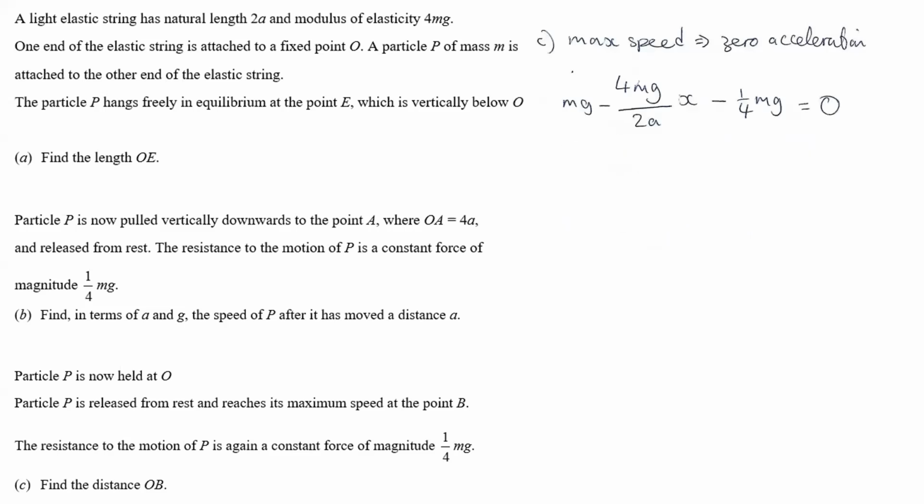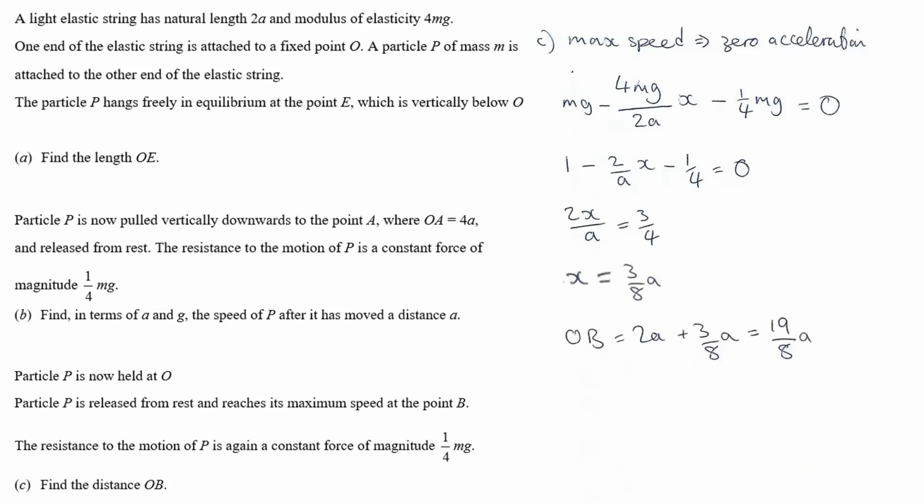So that means mg, the weight, which is the driving force downwards, is equal to, if you take away the tension, which is acting as a resistive force, and take away the resistance to motion as given in the question, that comes to 0. I simplified it by dividing through by mg, and I got x is equal to 3a over 8.